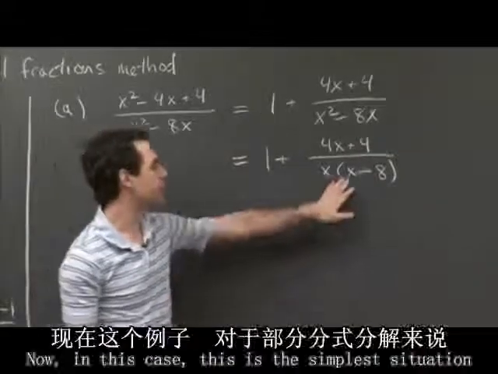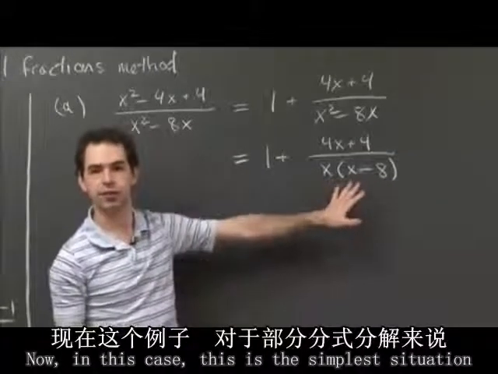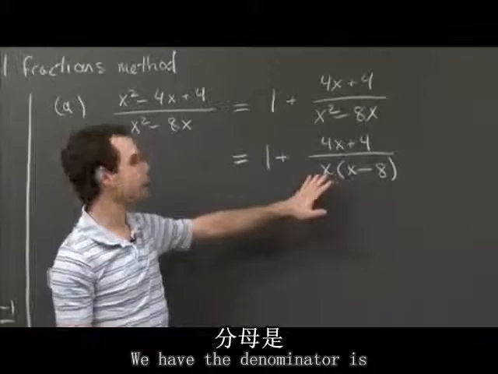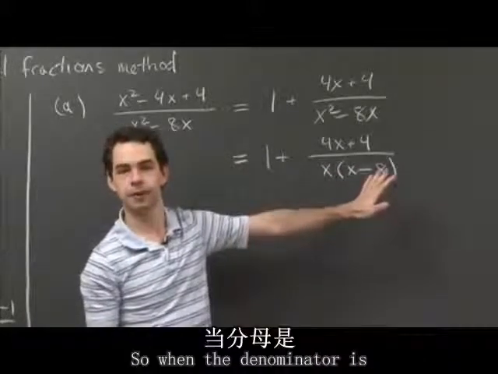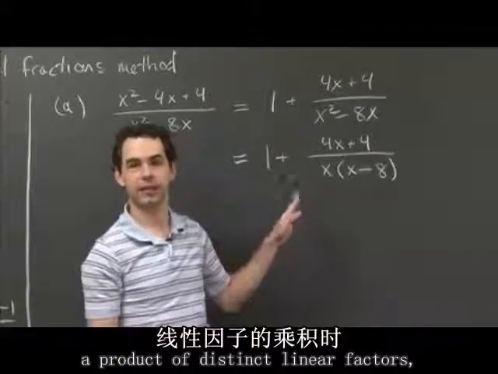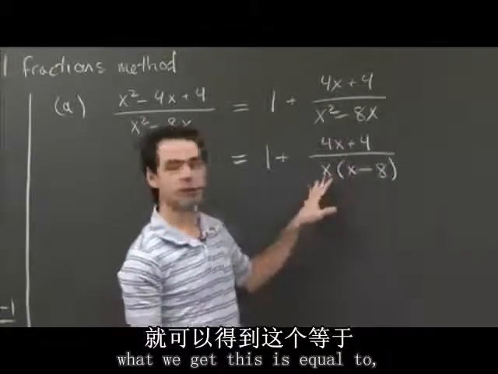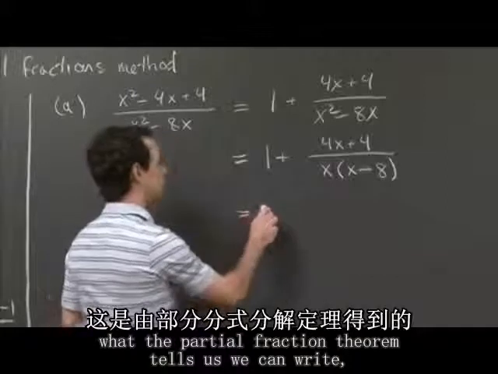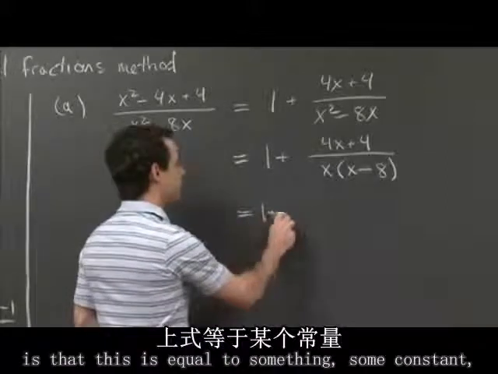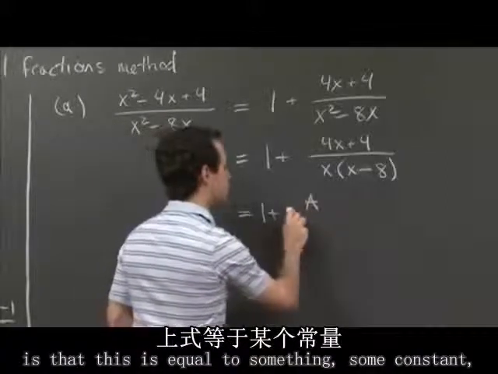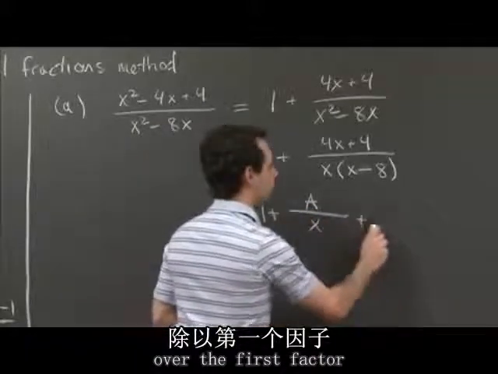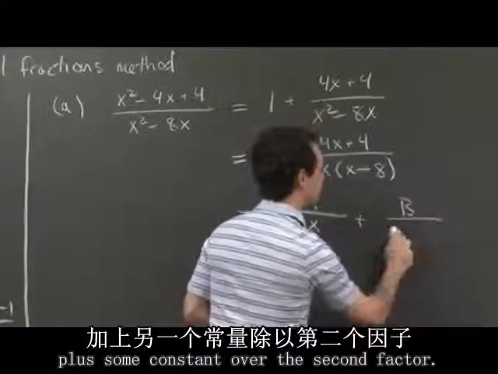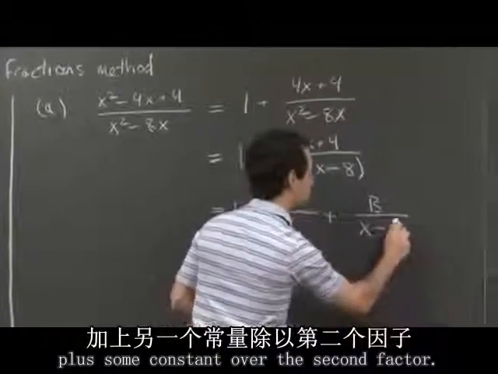In this case, this is the simplest situation for partial fraction decomposition. The denominator is a product of distinct linear factors. When that happens, the partial fraction theorem tells us we can write this as some constant over the first factor plus some constant over the second factor.